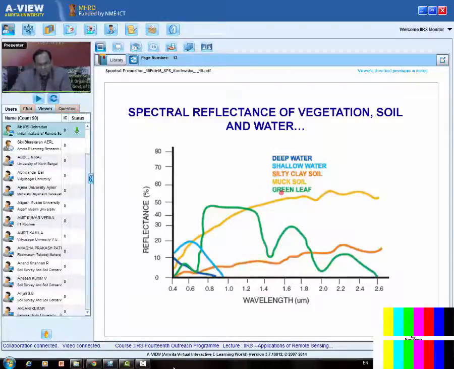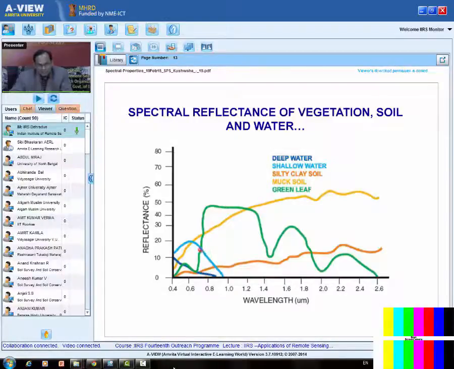So they use models and many other things, which is not my subject area. And you see among the soils, the silty clay soil and the muck soil, they also behave differently because of their inherent properties. And of course the green leaf, you see, as usual I have shown earlier.